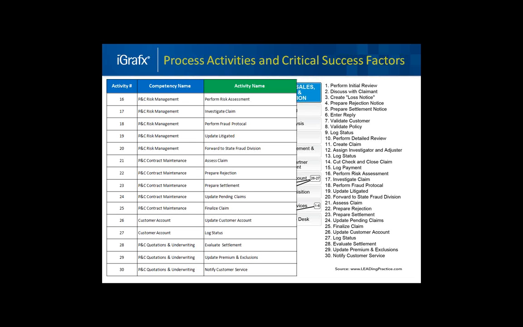So the ability that iGraphics, using the leading practice principles, now adapted these to the principles and actually split the data objects into information objects and business objects, right now I can actually see the difference between a process flow and an information flow.